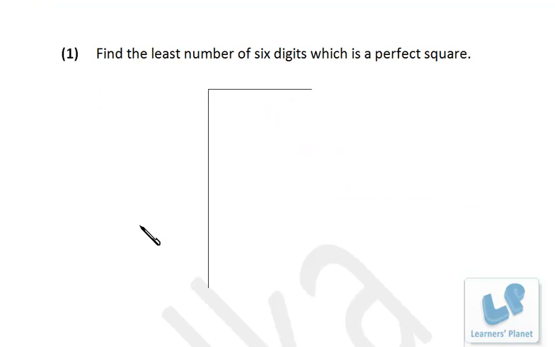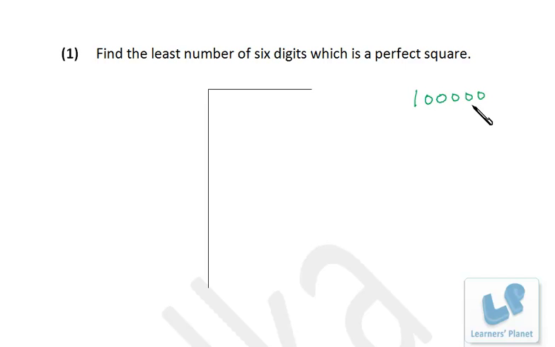Now friends, in this question, we have to find the least number of 6 digits which is a perfect square. Now we know the least number of 6 digits. That's right, 1 followed by 5 zeros. So this is the smallest 6-digit number, but definitely it's not a perfect square.